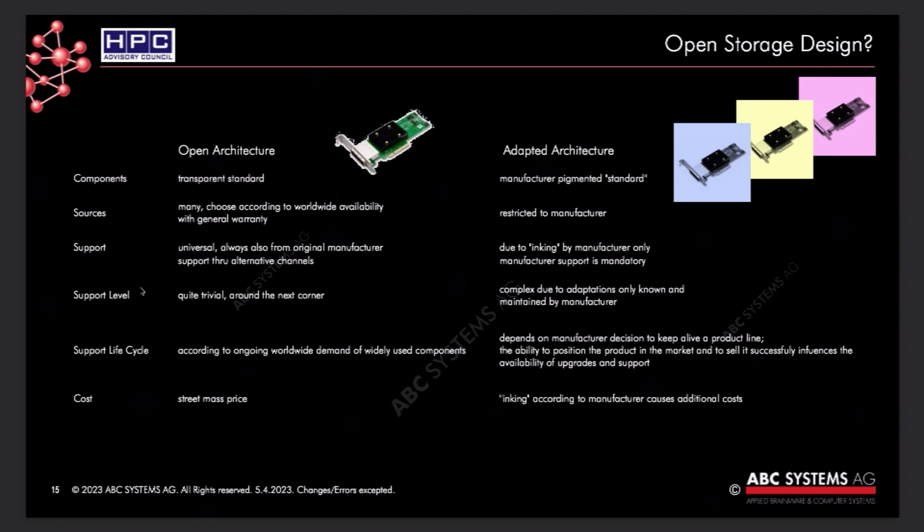We say, okay, yes, this is optimized for system 1, this is optimized for system 2, and then comes the problem: system 2 runs out of the life cycle, and this has now caused tremendous problems. So our approach is going a conceptual way, not to go just the boring way manufacturers prefer and just pass through what's on the truck, pass it through to the customer.